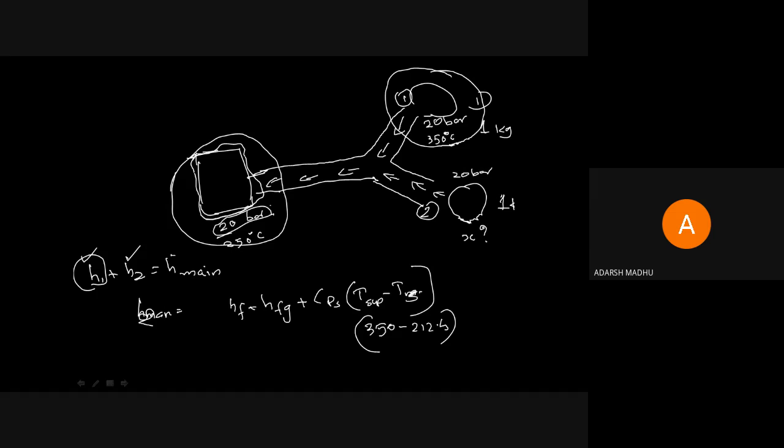So here mass is not referred to in the problem, so we are considering it as 1 kilogram. For one boiler, we are considering mass equal to 1 kilogram, and when we are considering this equation, we are also considering it as 1 kilogram. And this 1 kilogram steam is entering into this particular mains. So what is the mass of this steam in the main?